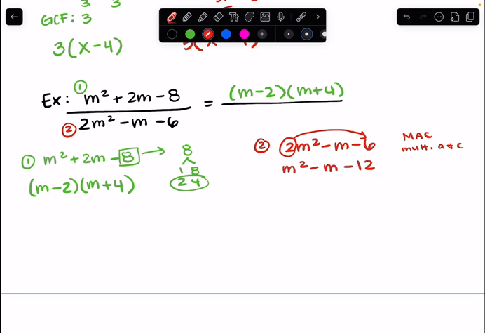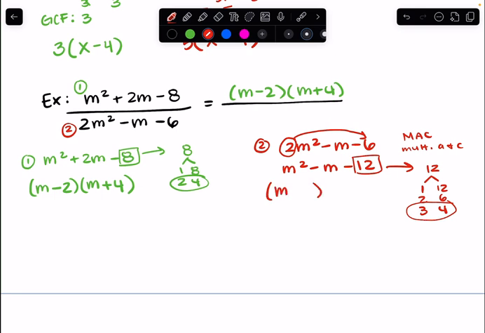All right, and then now you're going to go ahead and just do the factoring like normal. So find your factors of 12 that will subtract, because we have that minus here. So 1 times 12, 2 times 6, 3 times 4. So which one will subtract to give you this negative 1? All right, I know that 1 minus 12 won't work. 12 minus 1 won't. 2 minus 6, 6 minus 2 is not going to work. 3 minus 4 does give you negative 1, so I'm going to use that.